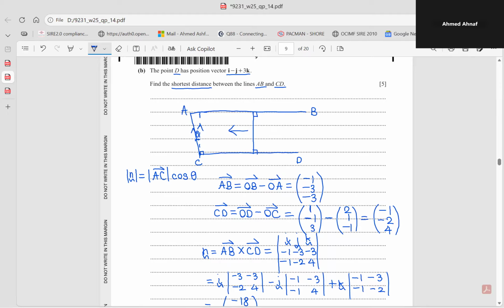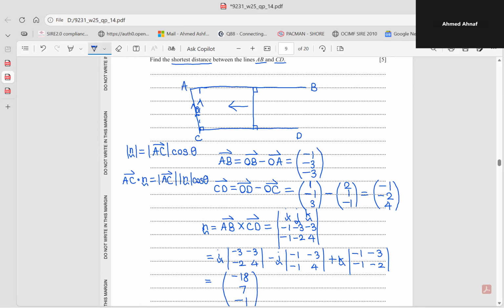The dot product has cosine theta inside. So the dot product of vector AC with the normal equals the magnitude of AC times the magnitude of the normal times cosine theta.